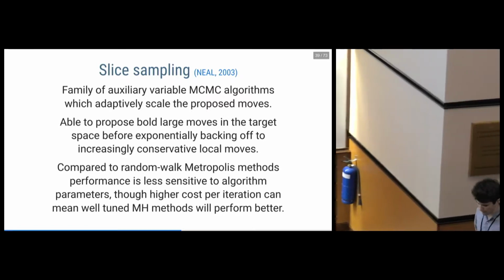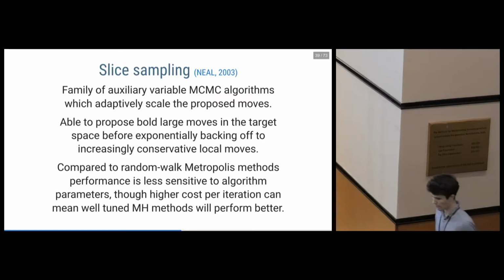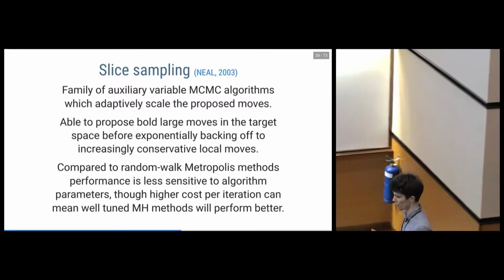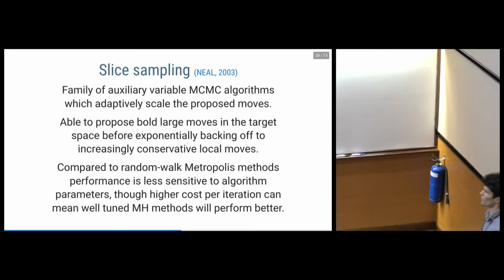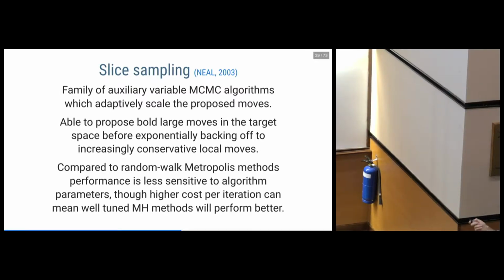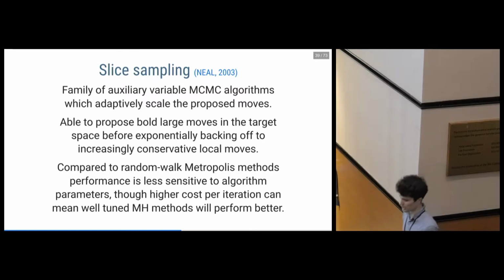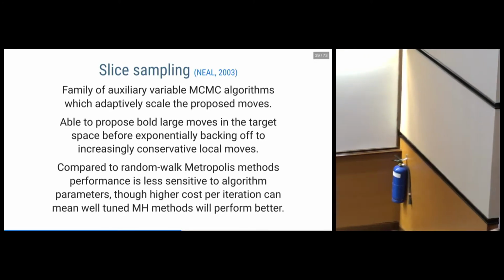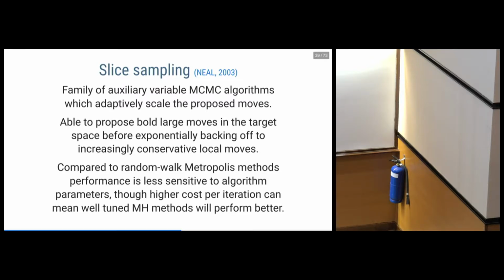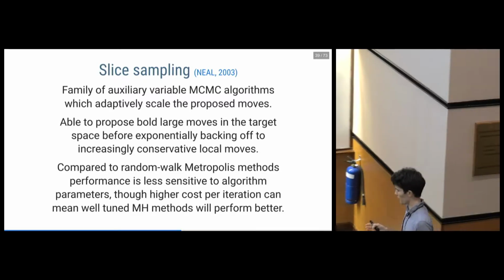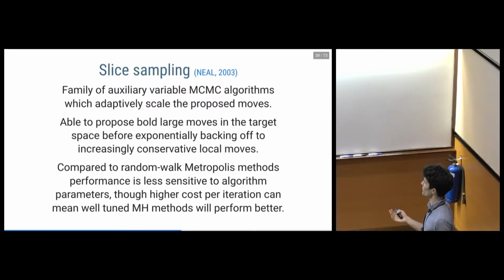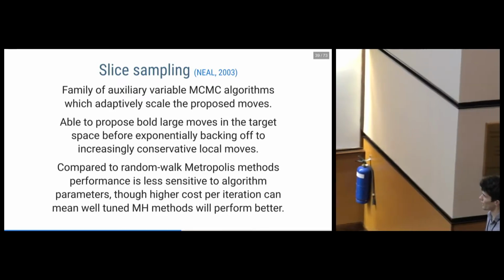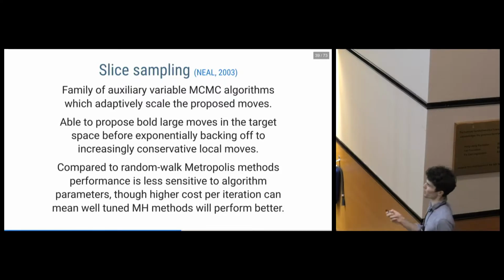It's worth noting right from the start that the overhead in constructing this slightly more complex transition kernel, and in particular the need within it to make multiple evaluations of the density of interest, will typically mean that if we do know a lot about our problem and we're able to propose some well-tuned random walk Metropolis method, or even some more intelligent Metropolis-Hastings proposal adapted to the specific target distribution of interest, that will probably perform better than slice sampling.